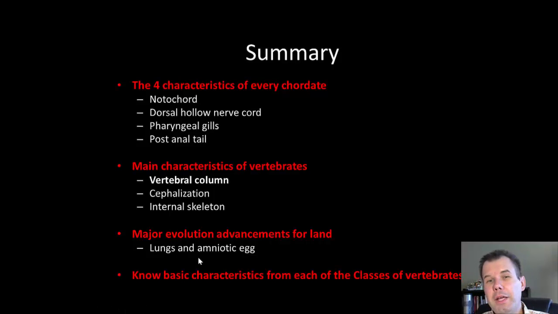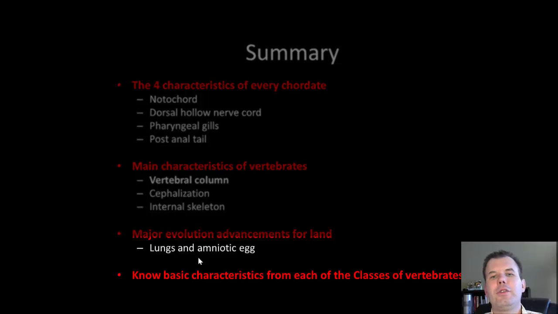So that was one of the big things getting away from the water: how do we reproduce? Well, we have internal reproduction to keep things wet and moist on the inside, and then also the internal egg, or the amniotic egg, so that either you lay eggs or you have internal development, and so that's very important as well.